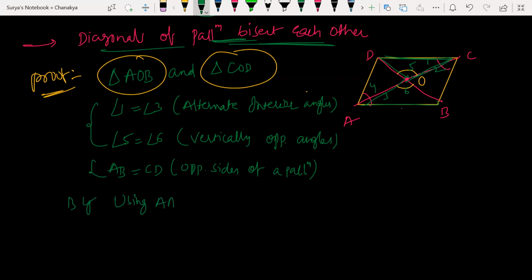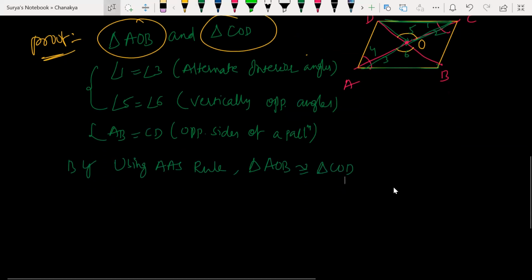By using the AAS rule, we can say that triangle AOB is congruent to triangle COD.